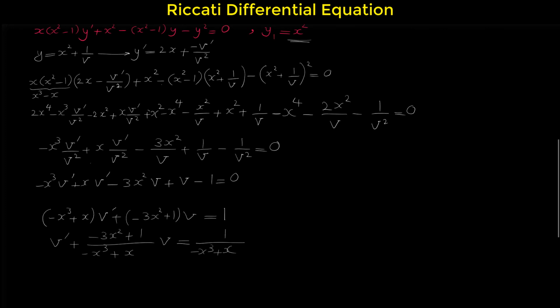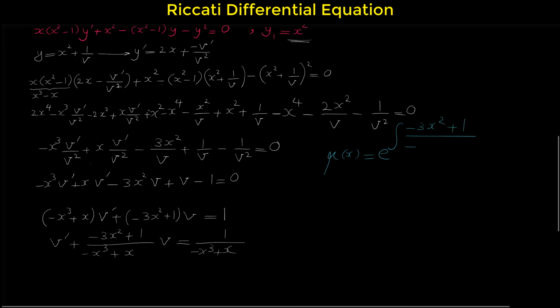Now for solving this differential equation, first we have to find the integrating factor. The integrating factor for this first order linear differential equation is e to the power of the integral of this: e to the power of the integral of negative 3x squared plus 1 over negative x^3 plus x dx.